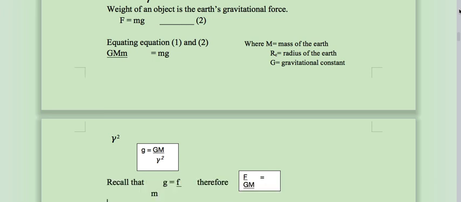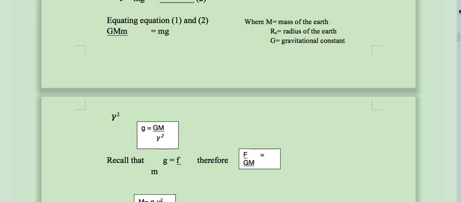equals to g. Now, the g which we have gotten is now equal to what? Big G, all over the big M, all over the r squared. This is the relationship between the universal gravitational constant, which is capital G, and acceleration due to gravity, which is the small g.